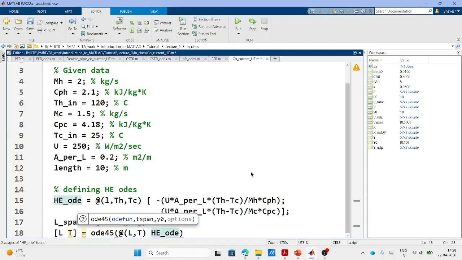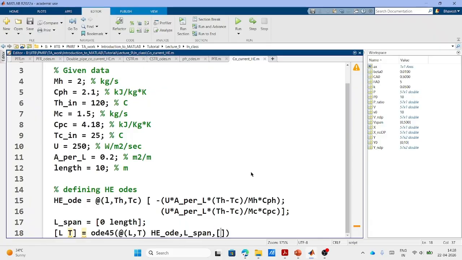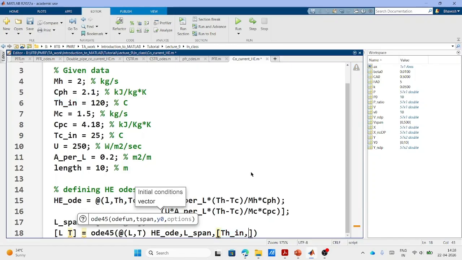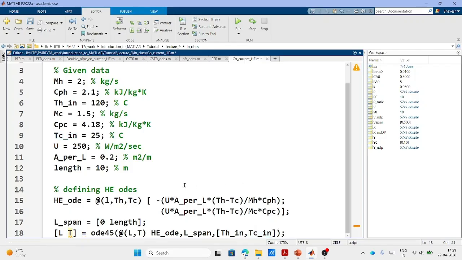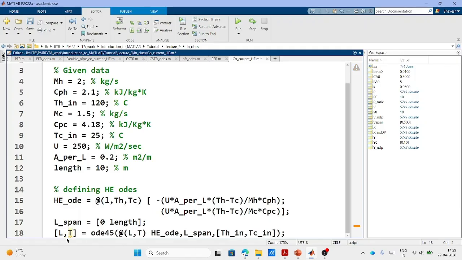I'm calling it heat exchanger ODE. Span is given as L span. Initial value, so what initial value you have? That is your TH in, comma TC in. Okay, let's run it.